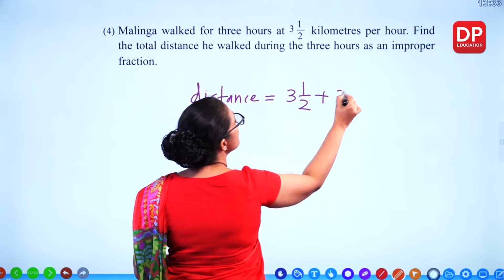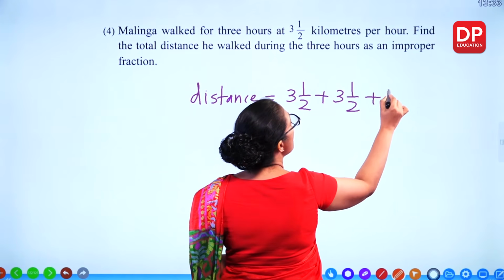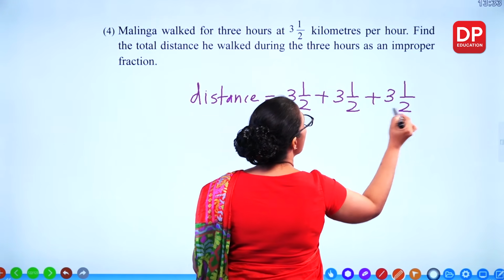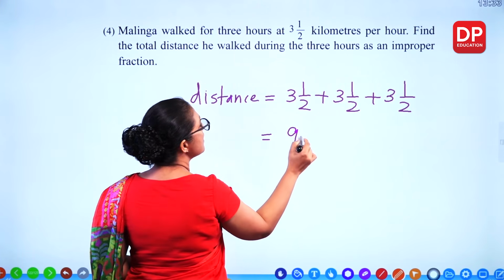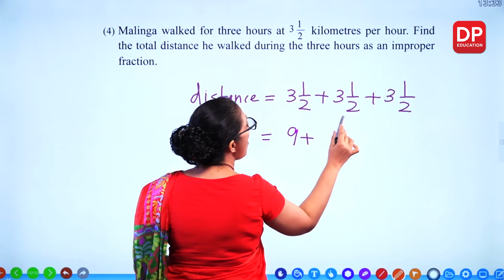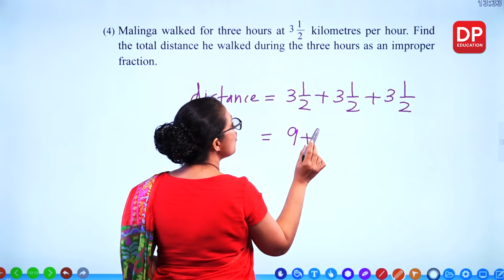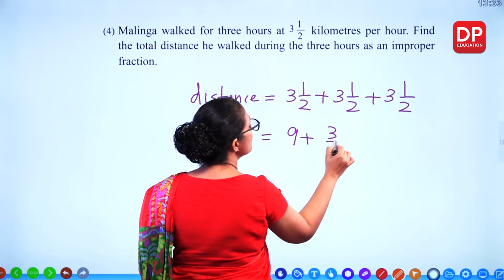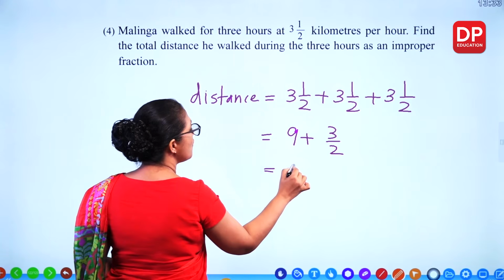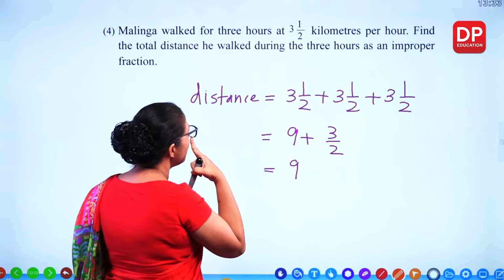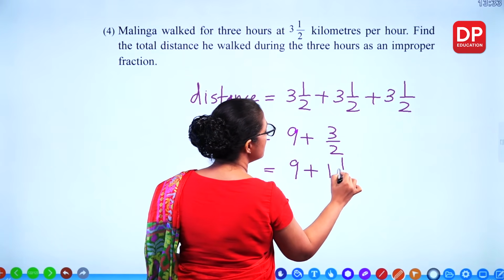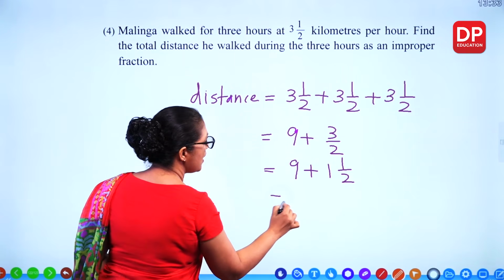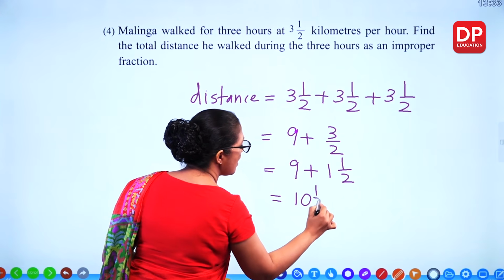So for 3 hours, 3.5 plus 3.5 plus 3.5. 3 plus 3 plus 3, you get 9. Half, half, half. So same denominator you can add, 3 over 2. Now 3 over 2 I can write as 1 and a half. 9 plus 1, 10, 10 and a half.